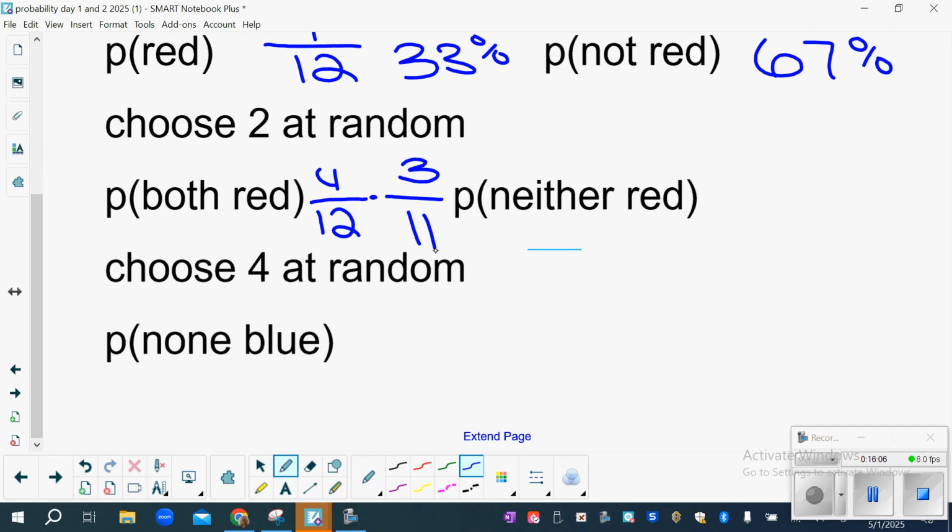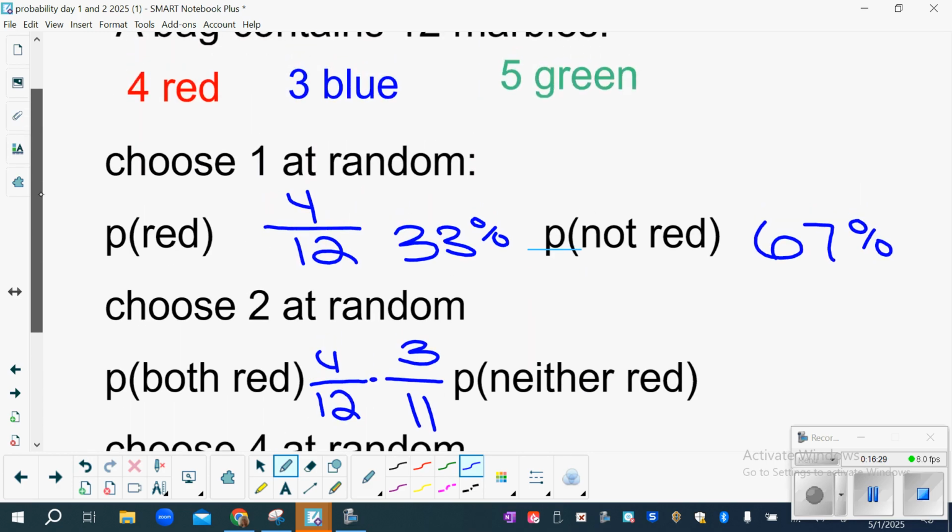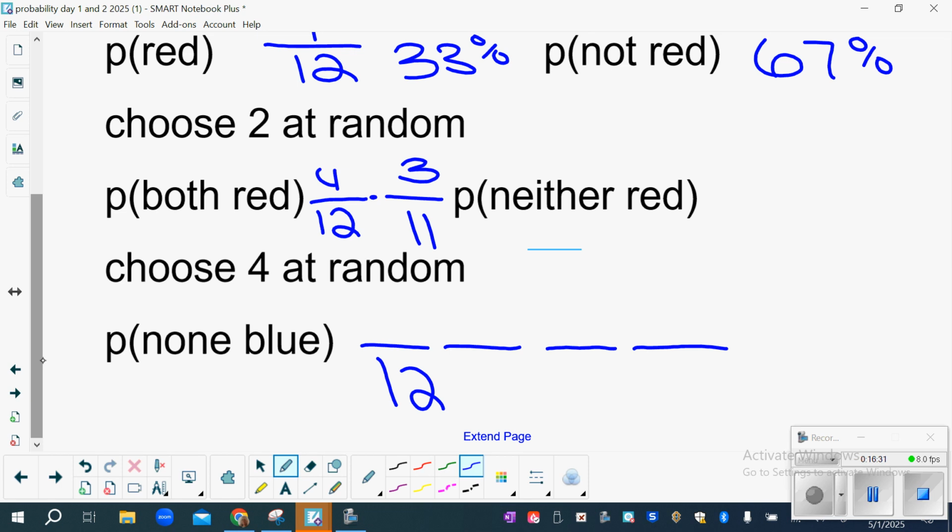We're going to just do the last one. We're going to jump to it. We want no blue ones, and we're pulling 4 marbles. Are you ready? Let's go 1, 2, 3, 4. I have 12 to pick from. I don't want blue ones. So let's remind ourselves how many were blue. We had 3 blue. So that means 9 are good.